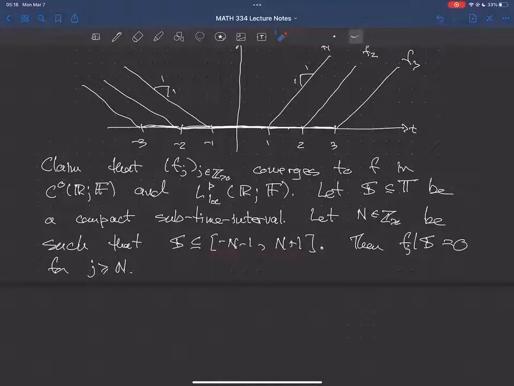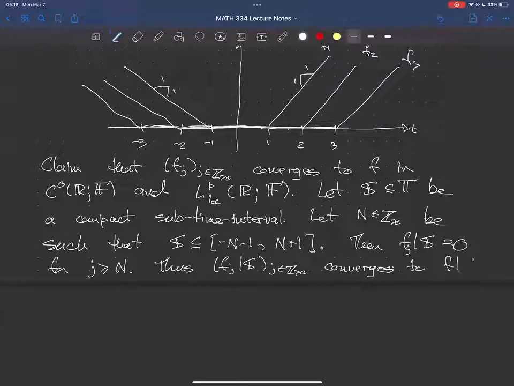I made it a little bit bigger, and so f_j will be 0 restricted to S. And so thus obviously this converges to f restricted to S. Okay, and this means that the sequence indeed converges to the 0 signal.